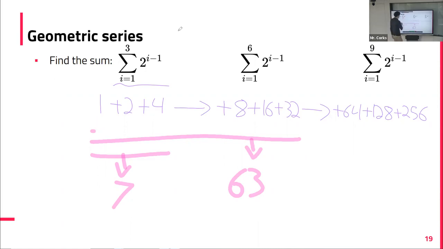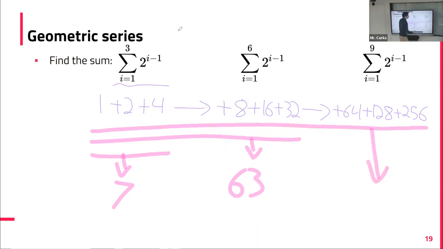What would the next one be? Don't do it manually. Look for the pattern. What's the shortcut you can see here?